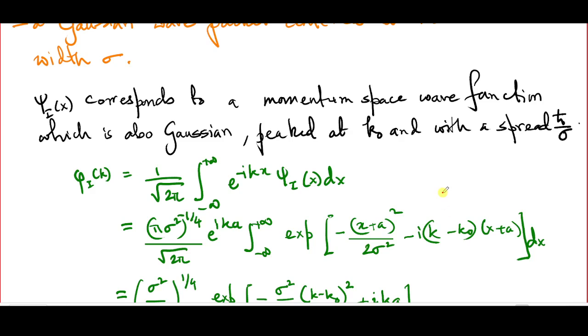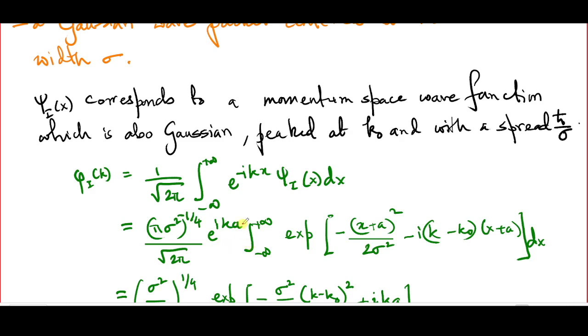Note that the integral you would have to do is e to the minus i k x plus i k0 (x plus a). What I have done is I have also thrown e to the minus i k a here inside the exponent and compensated for that with an e to the i k a, a constant outside. Note that the integral is with respect to x, so e to the i k a behaves like a constant.